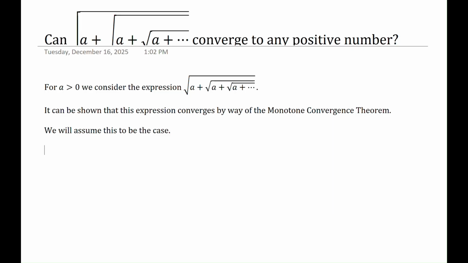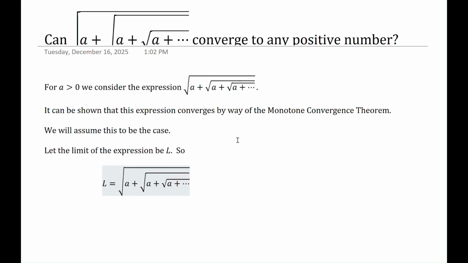With that point aside, let me give a name to this limit. Let the limit of the expression be called L. So L is equal to this infinite sequence of nested square roots.